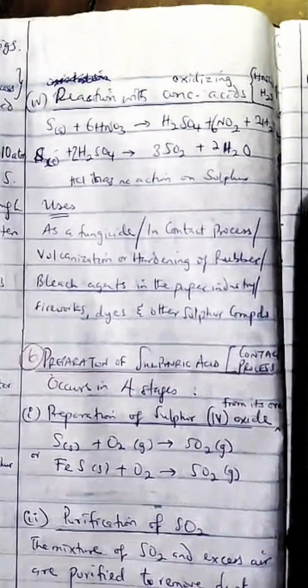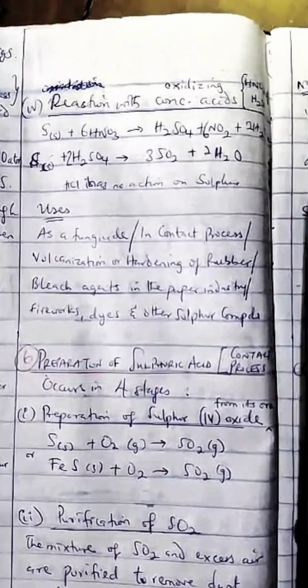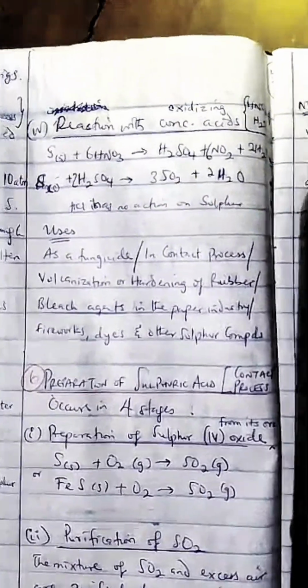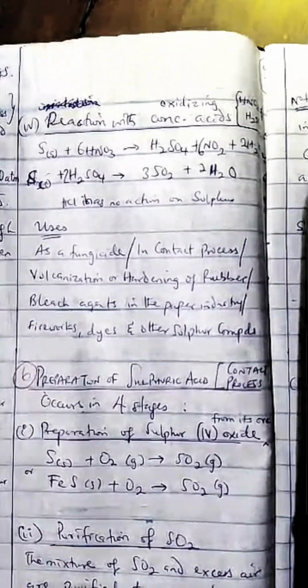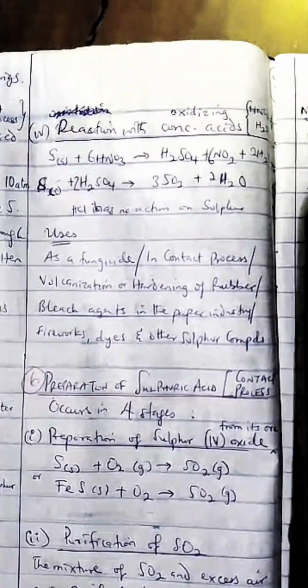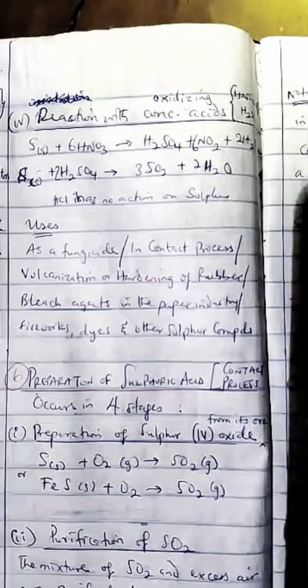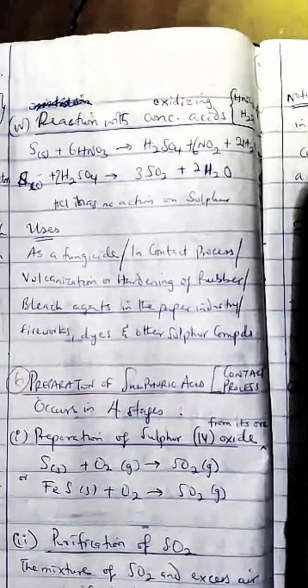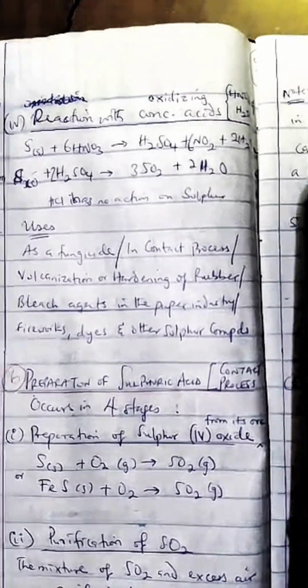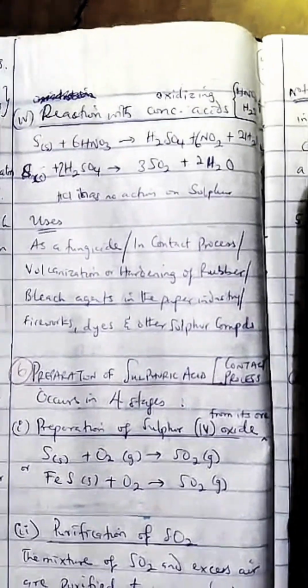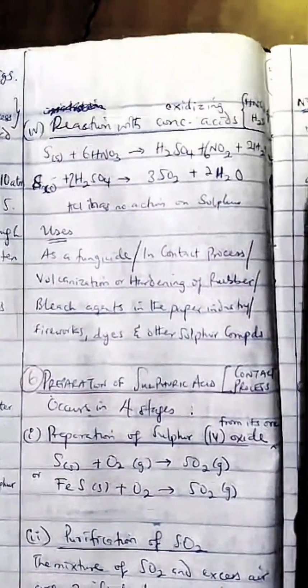Sulfur is also used in vulcanization, or hardening of rubber. To vulcanize rubber is to harden it. It's also used as a bleaching agent in the paper industry, and in fireworks, dyes, and other sulfur compounds. So these are the uses of sulfur.